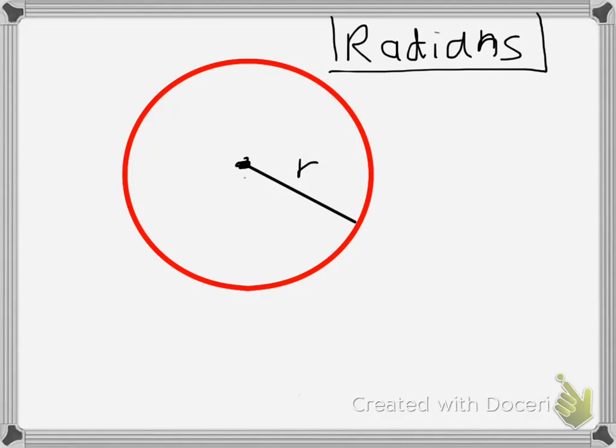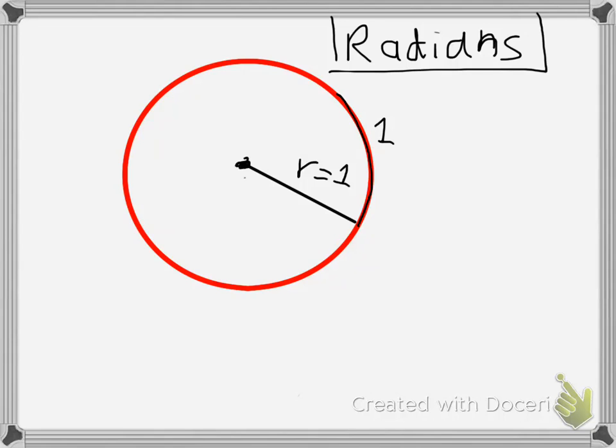So I've drawn a circle here with the radius r, and let's say that r equals 1. So the radius of this circle is 1. And what a radian is: we take this radius and we put it on the circumference.